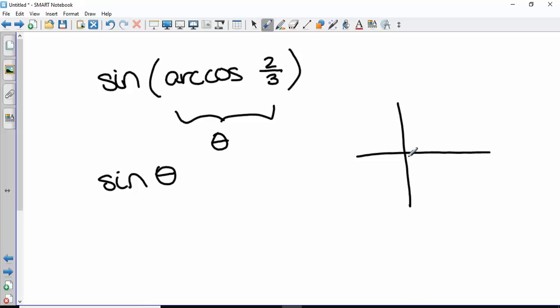So if we set up a triangle, cosine is adjacent over hypotenuse. We need to get that. So a squared plus b squared equals c squared. And our c is 3.